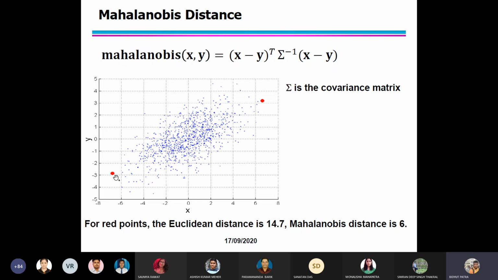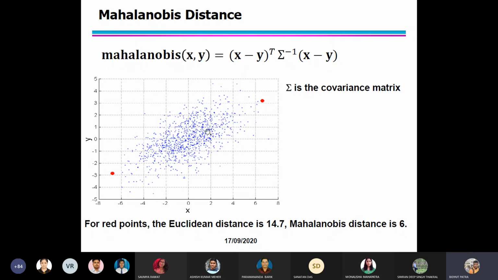Whenever we compute the distance between 2 points in the case of the Euclidean distance, we only consider the 2 points. We don't consider the in-between points if there are any. But when Mahalanobis distance computes the distance between these 2 points, it also takes care of this set of points, like the distribution of these points.